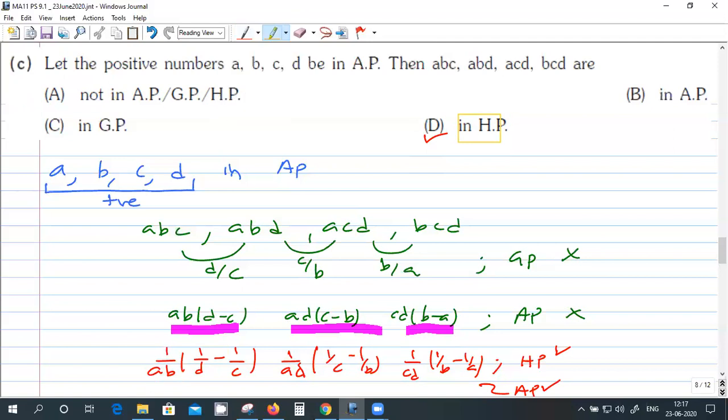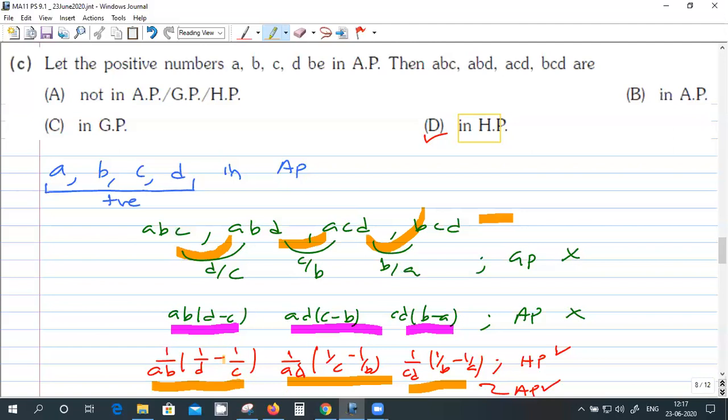See, this difference is the reciprocal of 1 by ABC minus 1 by ABD. I will take the reciprocals and take the difference, because I have to check whether this is in HP. So I have to check whether the reciprocals of these terms are in AP. This reciprocal is 1 by ABC, this is 1 by ABD. If these are in AP, then the difference should be constant. Similarly for the other pairs.